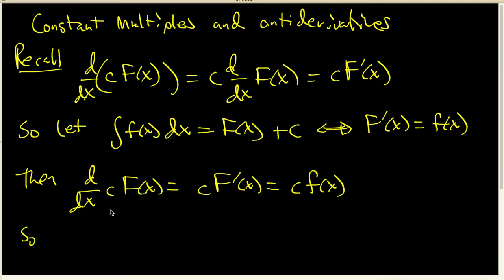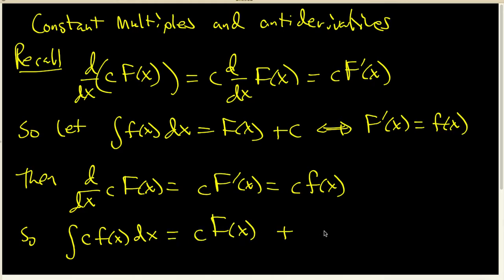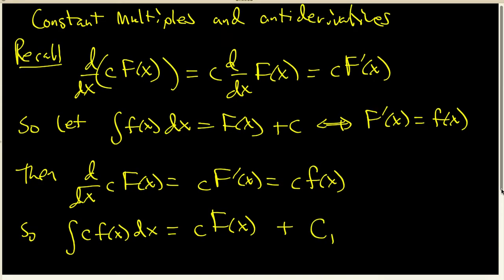So now I can rewrite this derivative fact as an integral fact. If I want to find an antiderivative for c times little f of x, that's simply going to be c times capital F of x plus whatever constant I want to add. I'm going to call it c1.